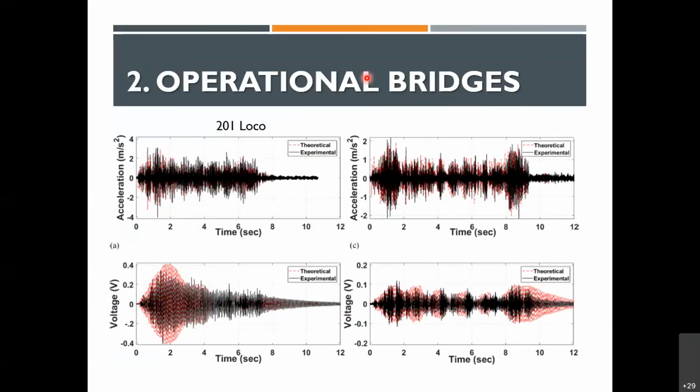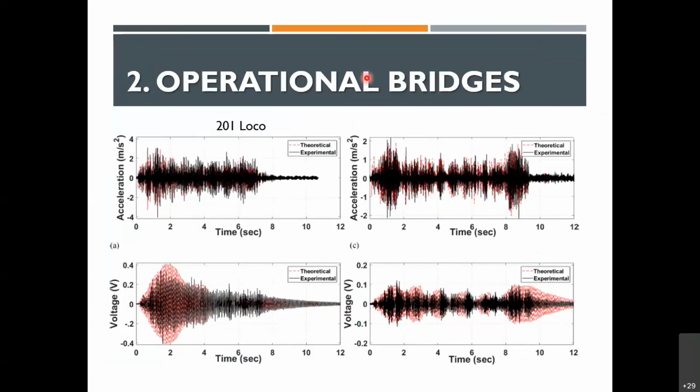So you don't have to go to the bridge and experiment. The bridge comes to you and gets the experiment done, even if it was measured maybe 10 years back. You take those numbers and exactly recreate the whole thing in the electrodynamic shaker.